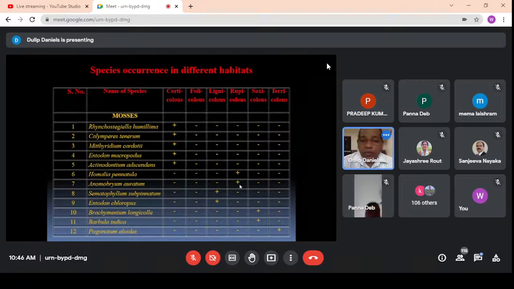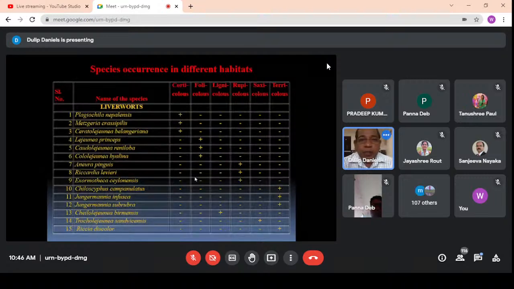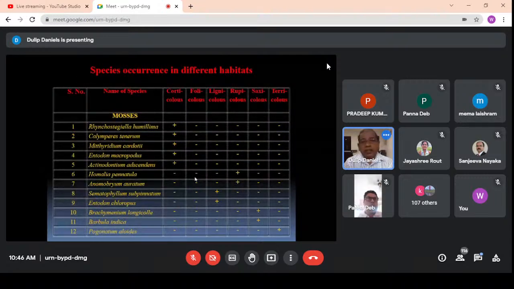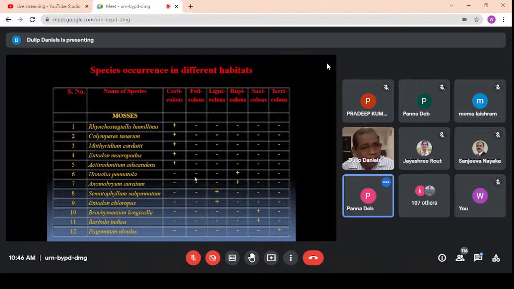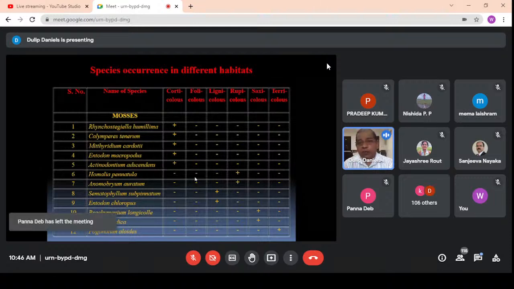Even here, you could see that there is more representation, okay, on corticolous forms, but equally, very often they are represented, except for foliicolous forms, because foliicolous forms I haven't come across several mosses, just 1 or 2 mosses.